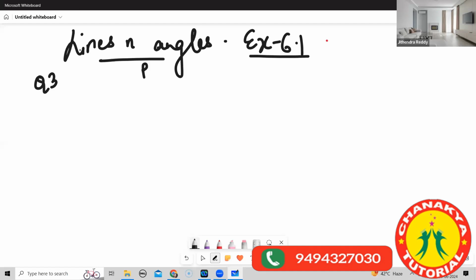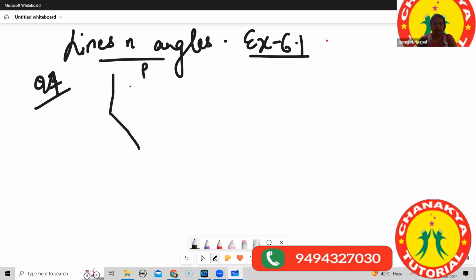If x plus y is equal to w plus z, then prove that AOB is a line.